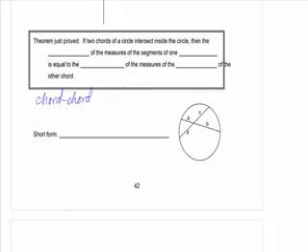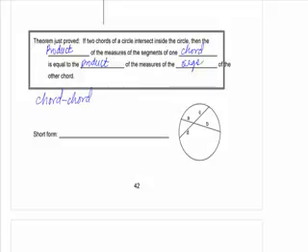And that is, if two chords of a circle intersect inside a circle, then the product of the measures of the segments of one chord is equal to the product of the segments of the other chord.